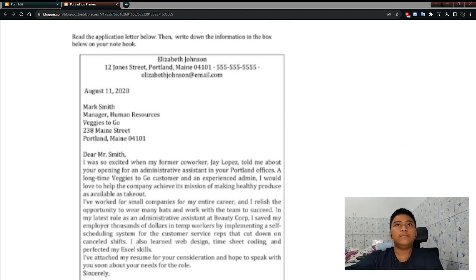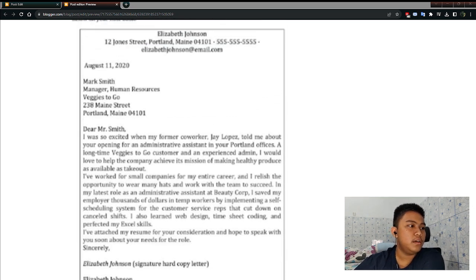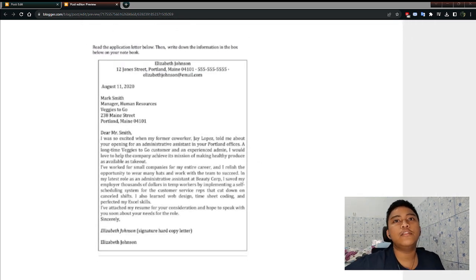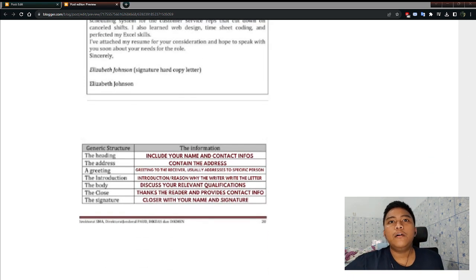Next, guys, this is one of the examples of application letters. Let's see. There's a generic structure of the letter, as I said before: the heading, address, greeting, introduction, the body, the closing, and the signature.